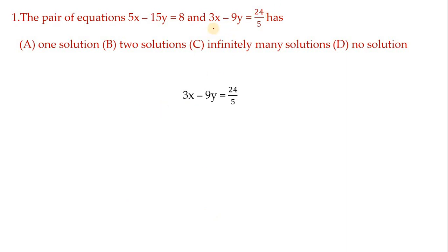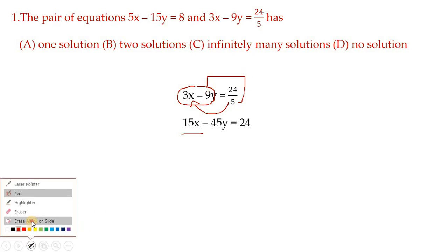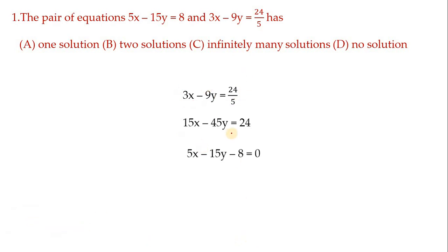First let me take the second equation. Because there is a denominator, here nothing means 1 will be there. Let us do the cross multiplication, children. 5 multiplied by these two terms. 5 multiplied by 3x, we get 15x, and 5 multiplied by 9y, we get 45y, which equals 24.